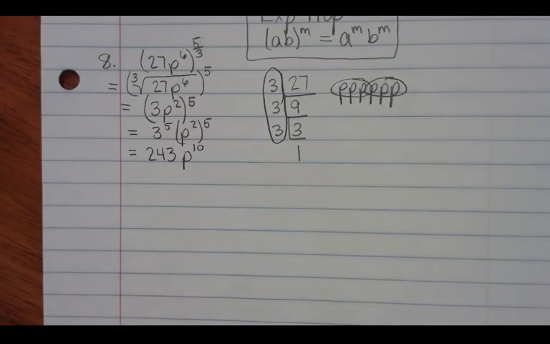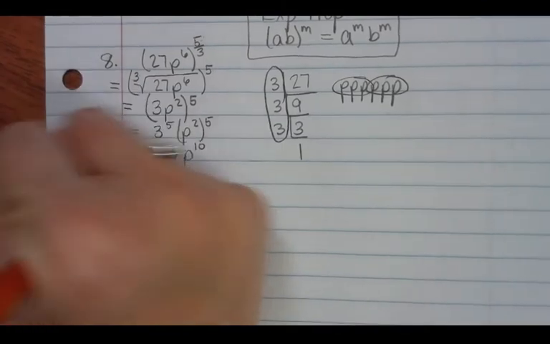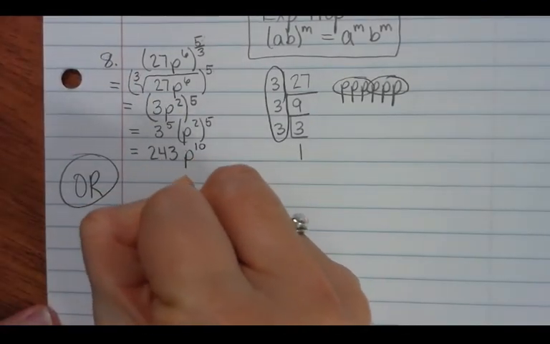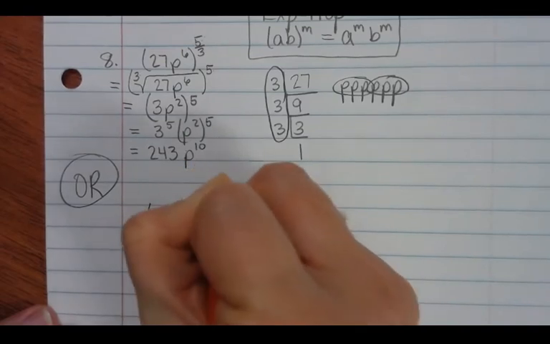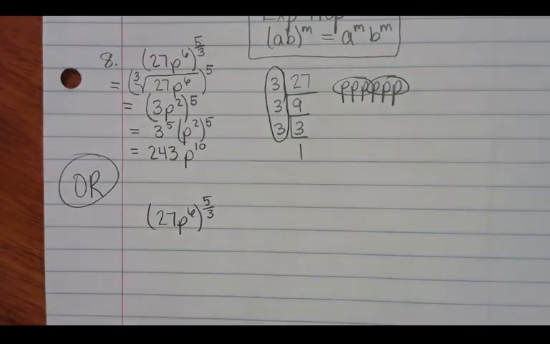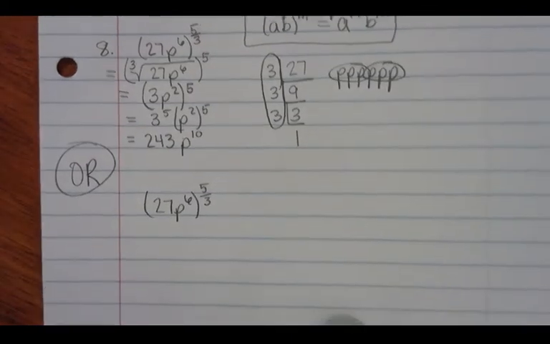So as I previously mentioned, we could work this in another way. So let's do that now. We have this time the same problem, 27p to the 6, and all that is raised to the 5/3 power. This time let's actually start by using that property that gives the 5/3 power to each thing.